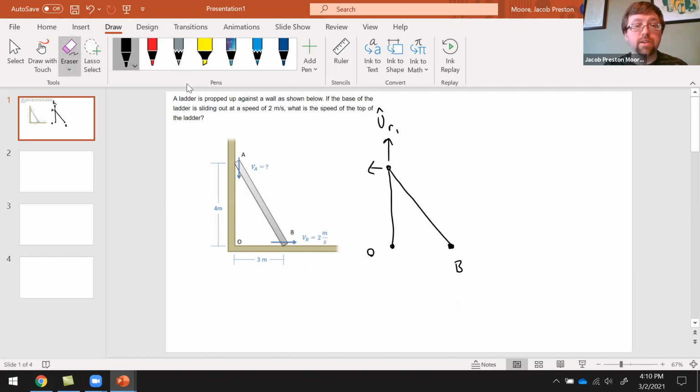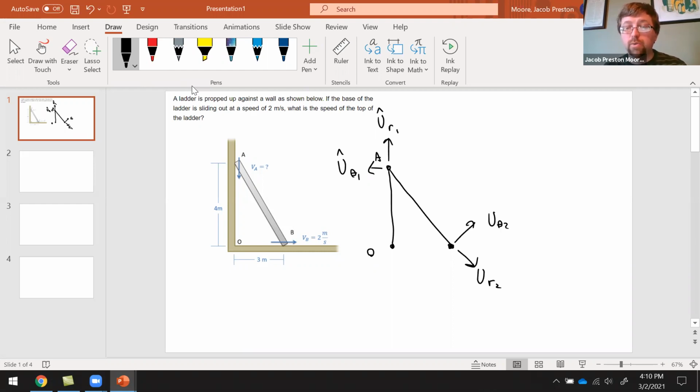Let's make room for that. So going O to A, and then A to B. I'm also going to make room for my R and theta directions down here: UR2, U theta 2.